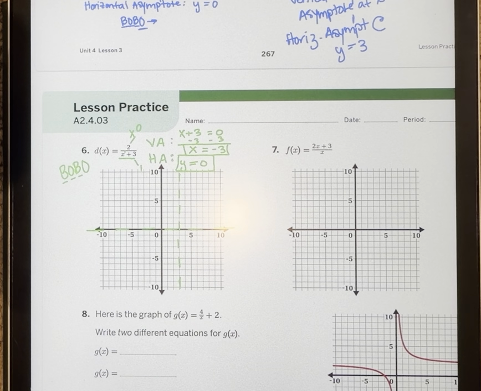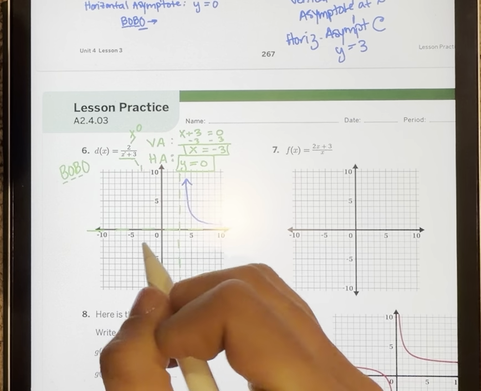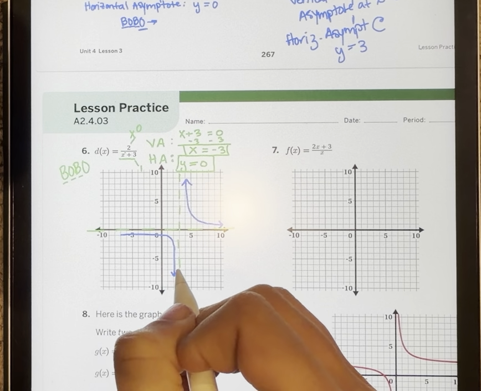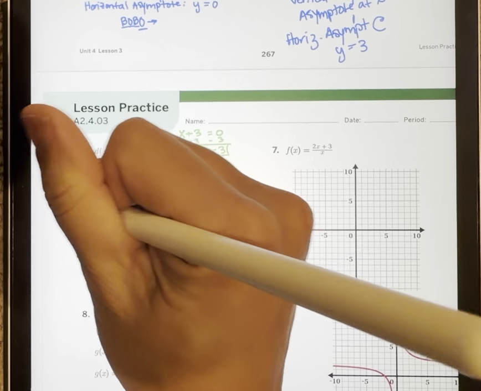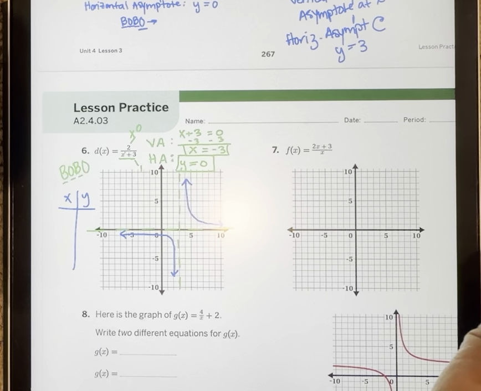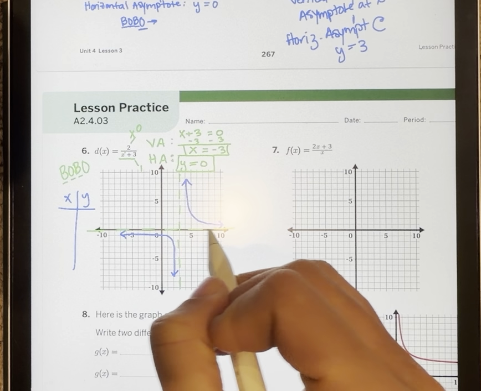And then I just need to know where these curves are. So you may be able to tell that this is positive, and all of our positive ones look like this and like this. But if you can't tell, no problem. Just make a really, really quick table. Plug in something on the right side.